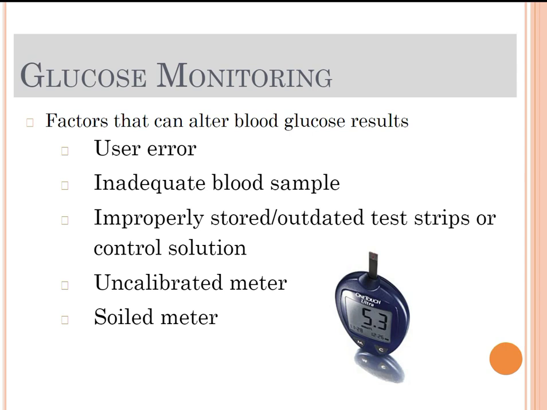Also, please be aware that if results are exceptionally high or low, facility protocol may require a blood draw. Things to consider are user error, inadequate blood sample, improperly stored or outdated test strips or control solution, an uncalibrated meter, and a soiled meter.